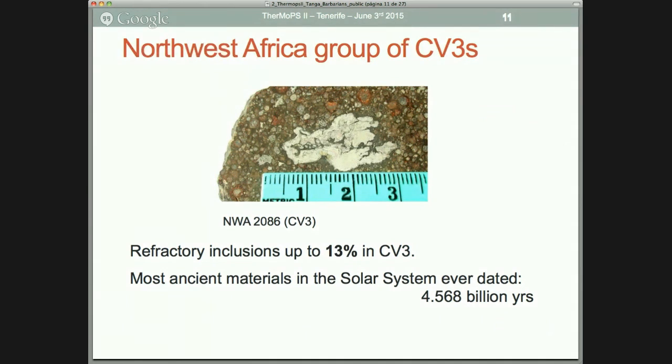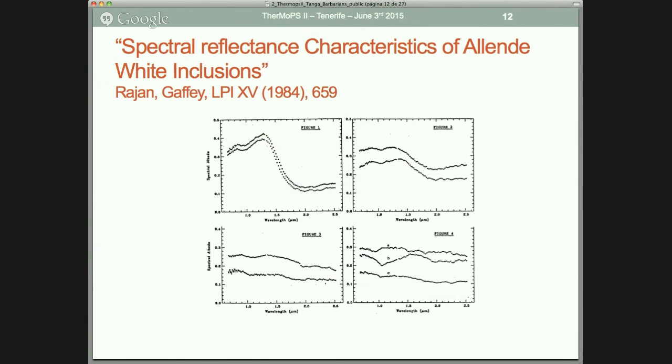The meteorites containing the largest amount of these inclusions reach about 30% abundance, the highest amount sampled in laboratories. And this is the most ancient material dated in the solar system, as probably you know, 4.568 billion years. So we know nothing older than this.